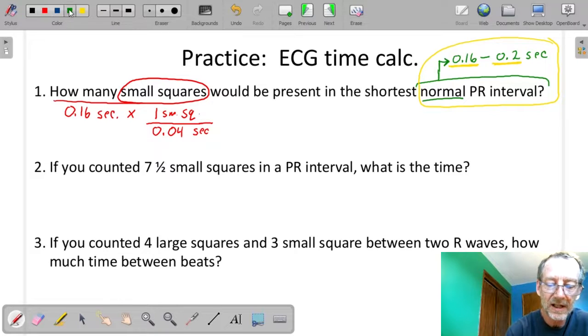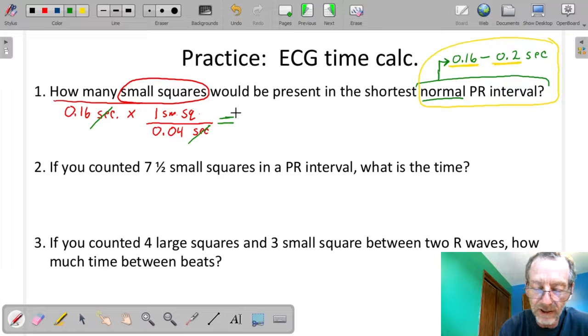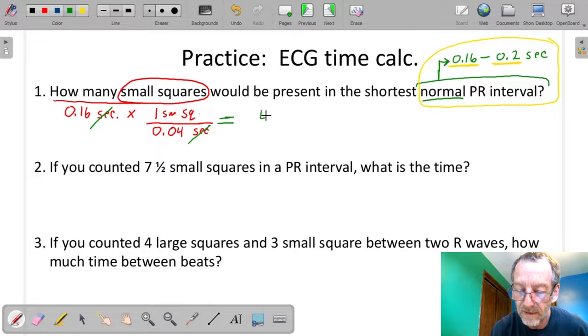We can now cancel out the seconds, and we're left with 0.16 divided by 0.04. And do the math on that, and hopefully we'll wind up with 4 squares. 4 small squares.